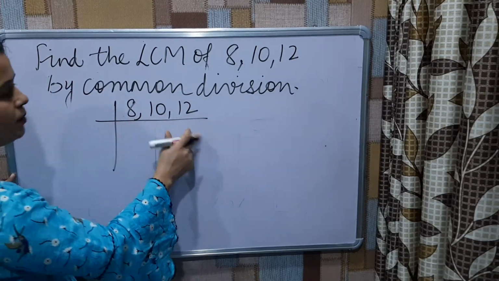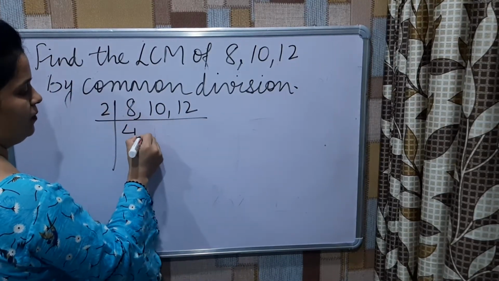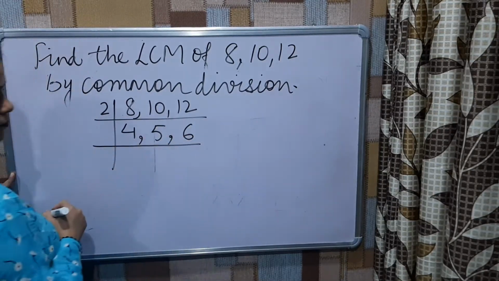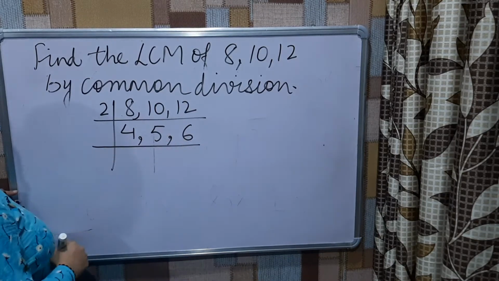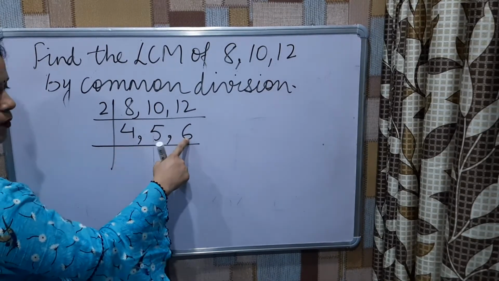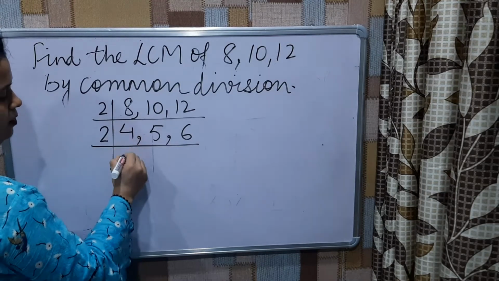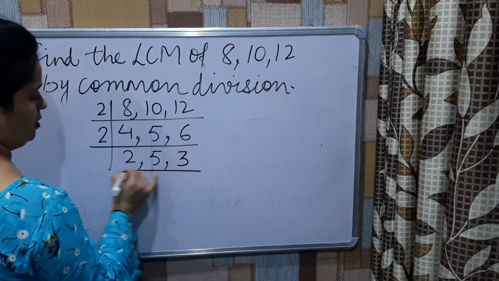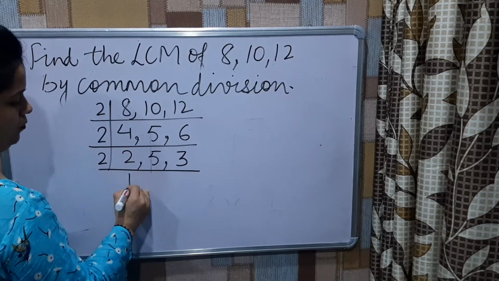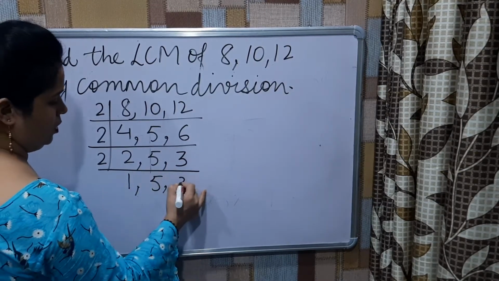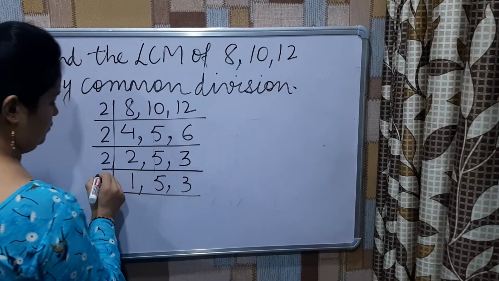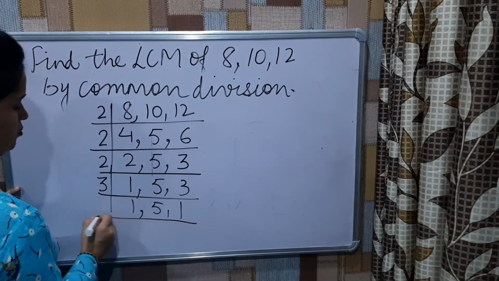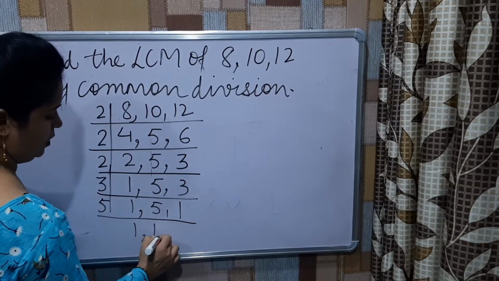Because all are even numbers, I'll start with 2. 2 4s are 8, 2 5s are 10, 2 6s are 12. Now again even, odd, even. There are 2 even numbers, so I can start again. 2 2s are 4, 5 will be the same, 2 3s are 6. Now 2 1s are 2, 5 will be the same, 3 will be the same. Now 3 and 5 remain, you can write down 5 first also, no issues, it will not be wrong.